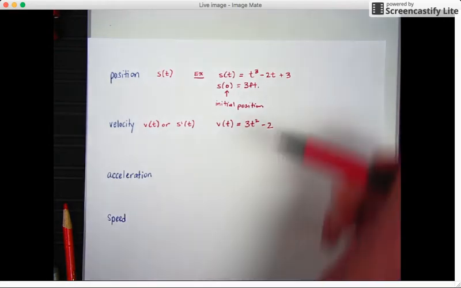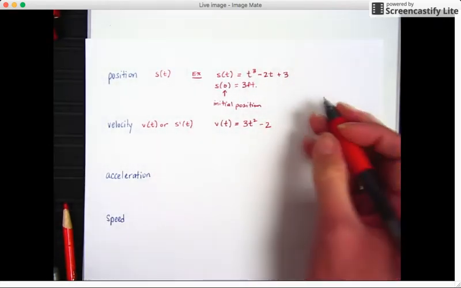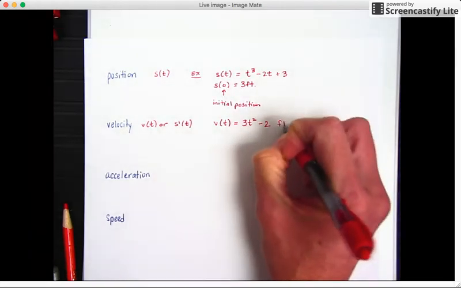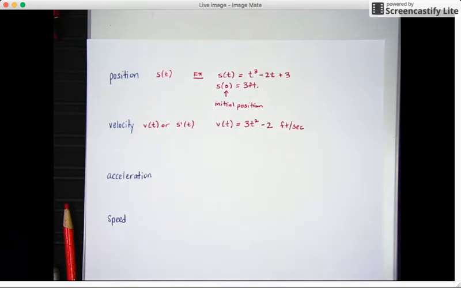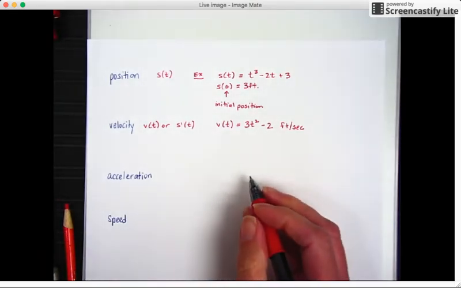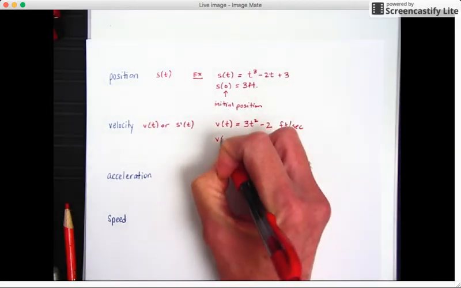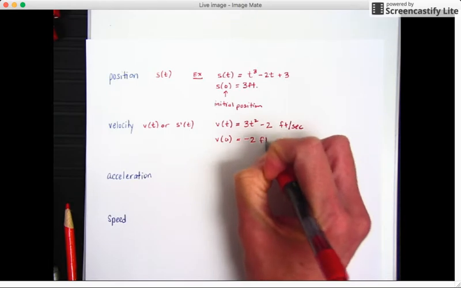And let's say since this original one was feet, then this would be feet per second, because that's measuring how the distance is changing over time. So if I wanted my initial velocity, I would put v of 0, and I would get negative 2 feet per second.